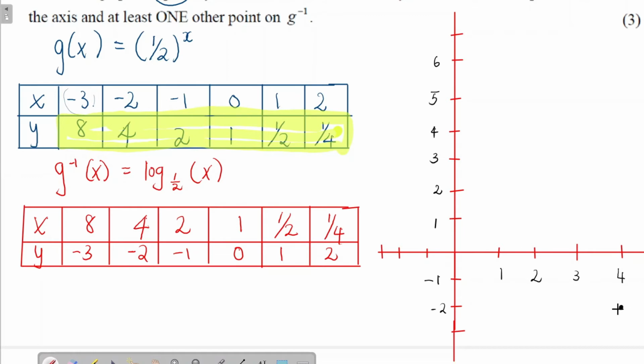It's somewhere there. If your x is 2, your y is -1, somewhere there, right? If your x is 1, your y is 0. It's there. If your x is a half, somewhere there, your y is 1. And if your x is a quarter, your y is 2.